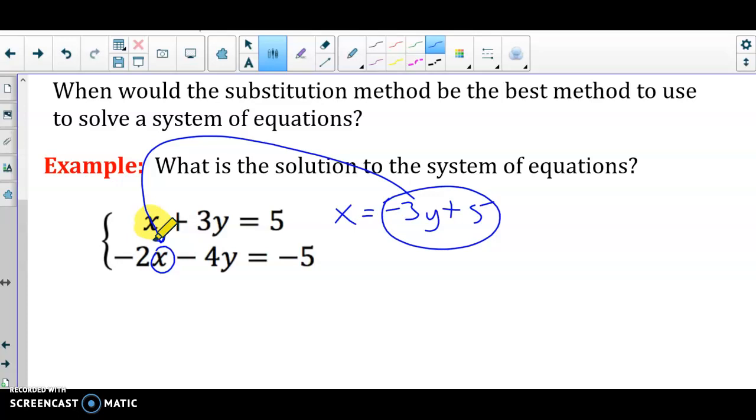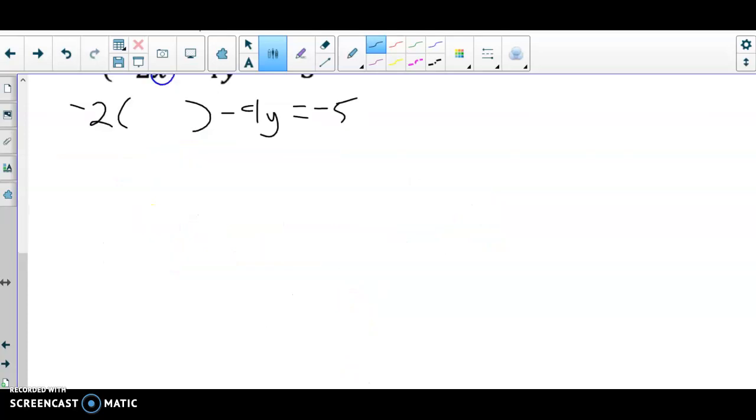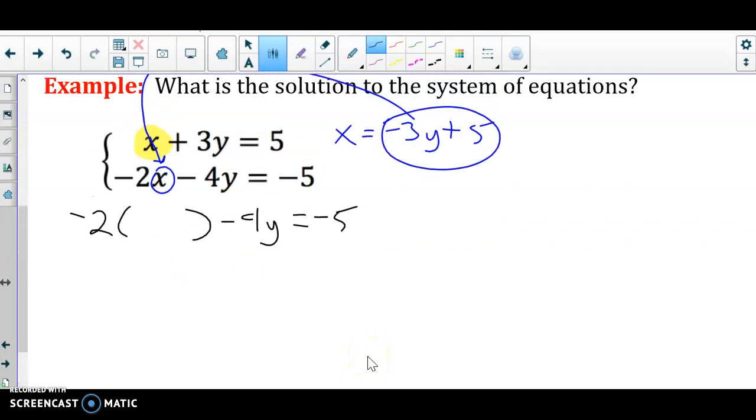So now I'm looking at my equation, which is negative 2 times what would be my x, minus 4y equals a negative 5. And that's not terribly exciting there. So let's see what we can do about filling things in with the negative 3y plus 5.